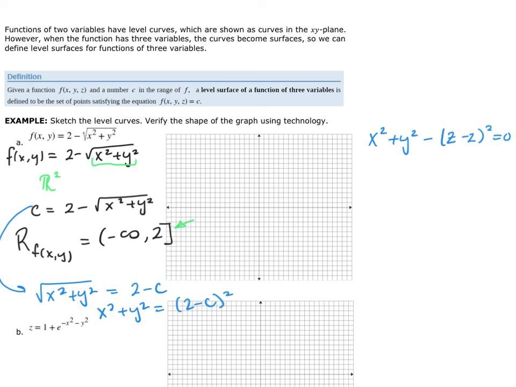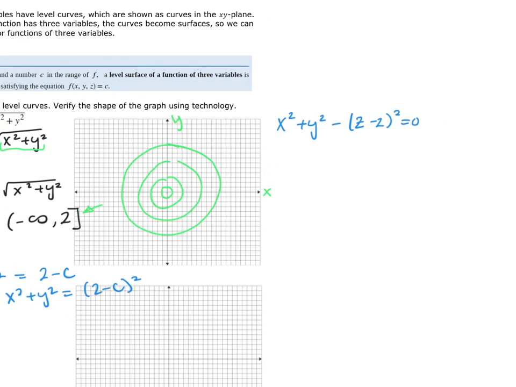So basically what I have, if I were to do this on the xy plane, I have a bunch of concentric circles for each c value I choose. But these are coming from the z-axis. So if I'm looking at this being my z, then I don't get to start until positive 2, right?